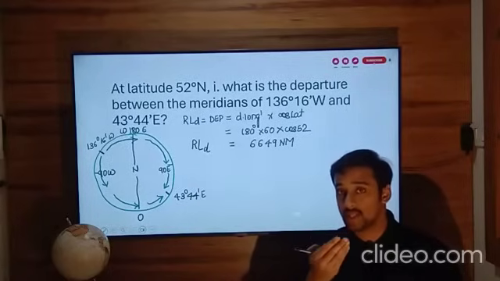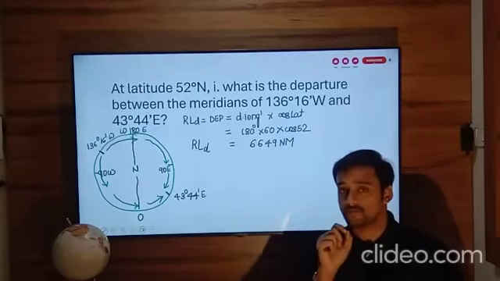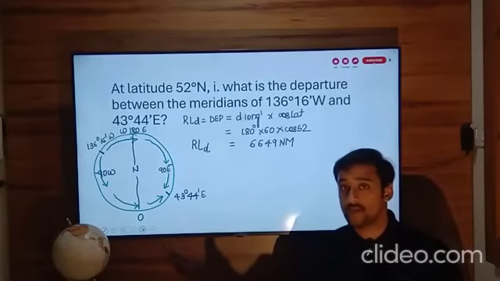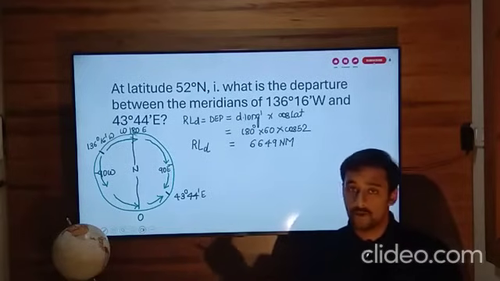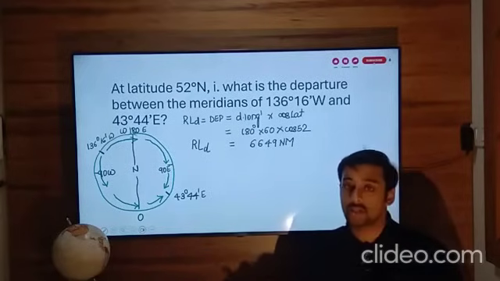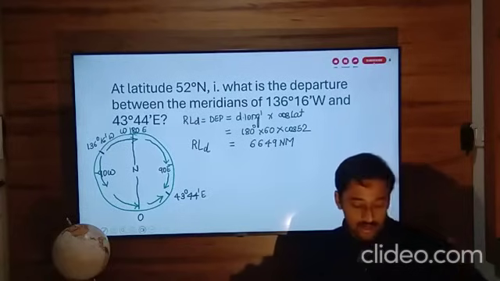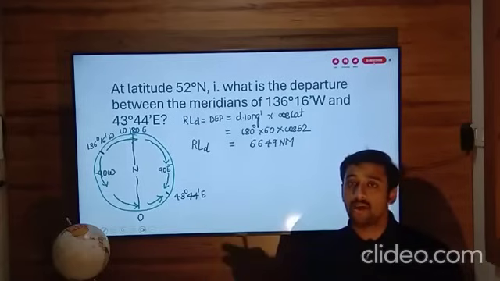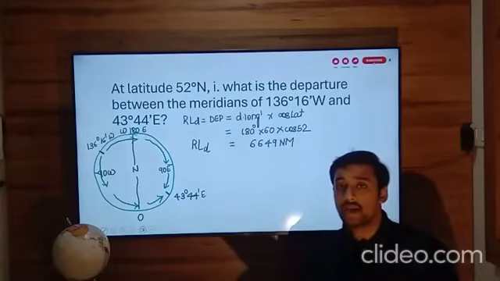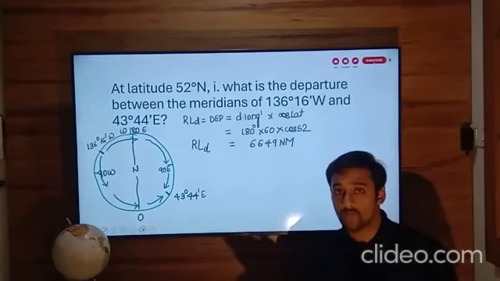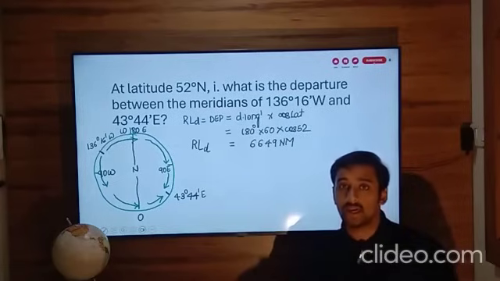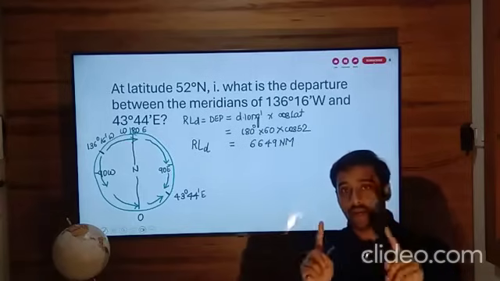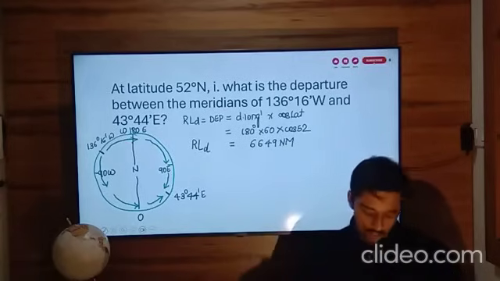If you have not understood the theory well, or if you have some doubts, I suggest that you watch the video that I have made on the departure and convergency chapter and the shape of the earth chapter. When a meridian and anti-meridian exist, these two together form a great circle.